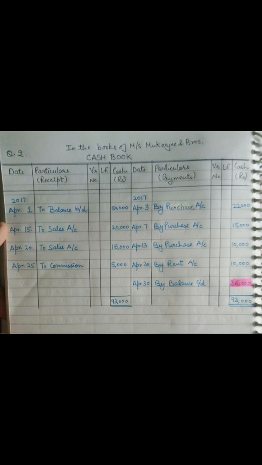And this same amount, that is 36,000, has to be brought down in the next month on the first day, that means on 1st May 2017. This 36,000 would be the cash balance with the firm.